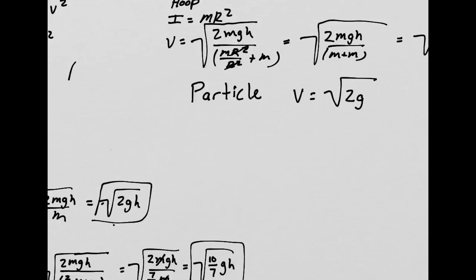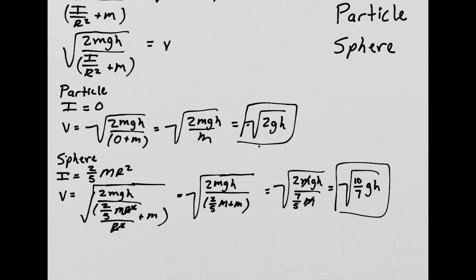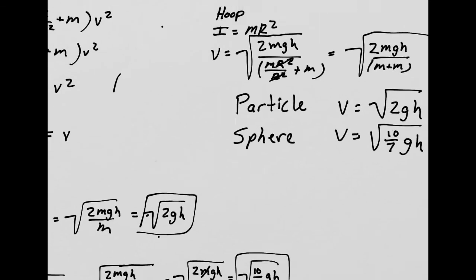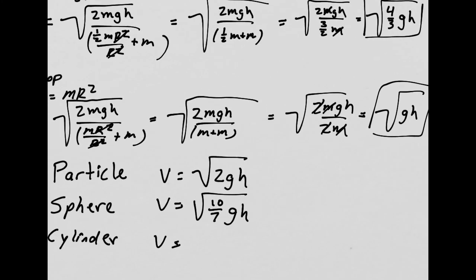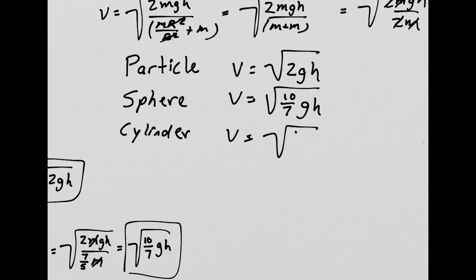The sphere, the velocity is the square root of 10/7 gh. The cylinder, velocity of the square root of 4/3 gh.